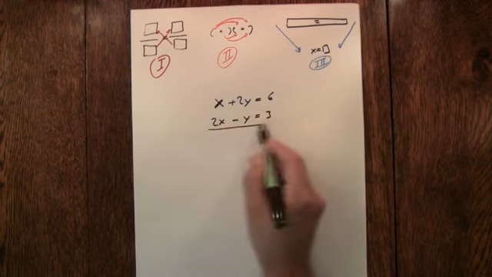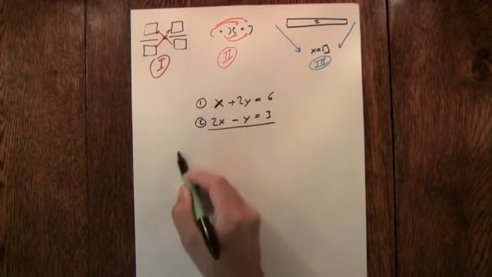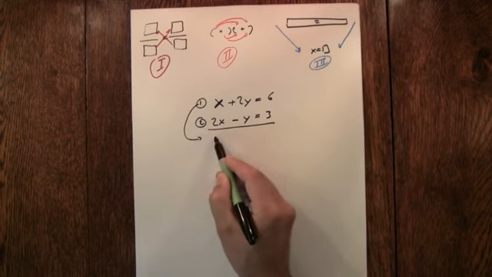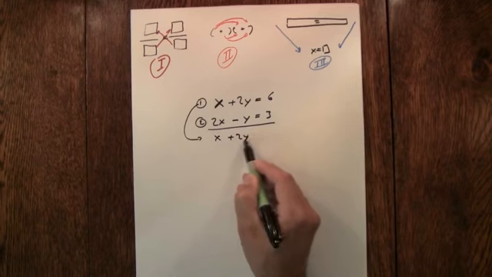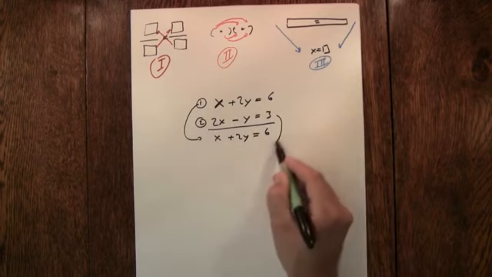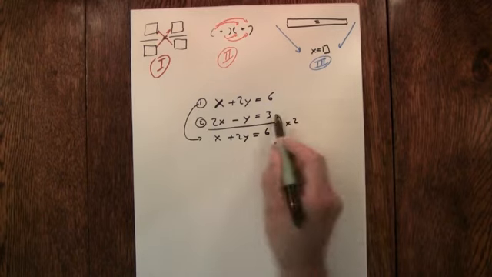So what I end up doing is I always number my equations. My equation 1 is going to come down here again, x plus 2y is equal to 6. My second equation, I'm going to multiply by 2, the whole equation.